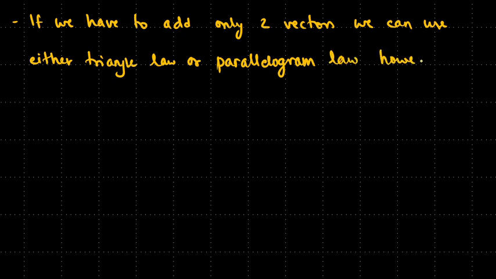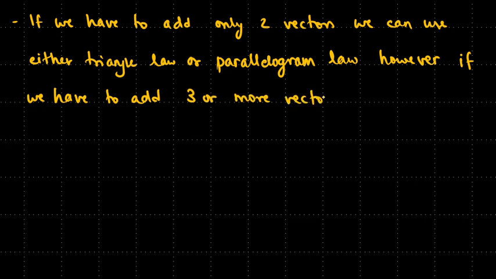However, we may not always have two vectors. If we have to add three or more vectors, we have to use the polygon law. So another question that you might have is, what are these laws?